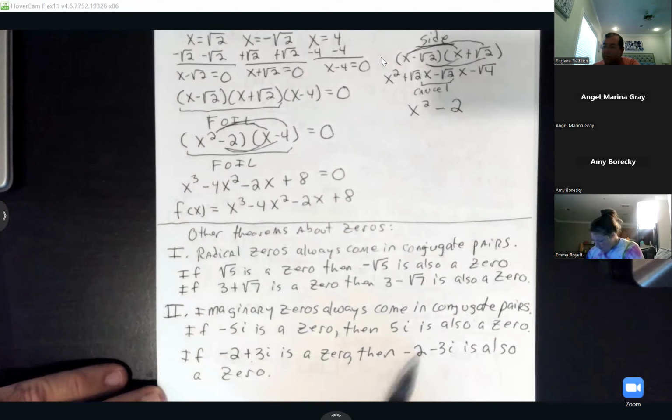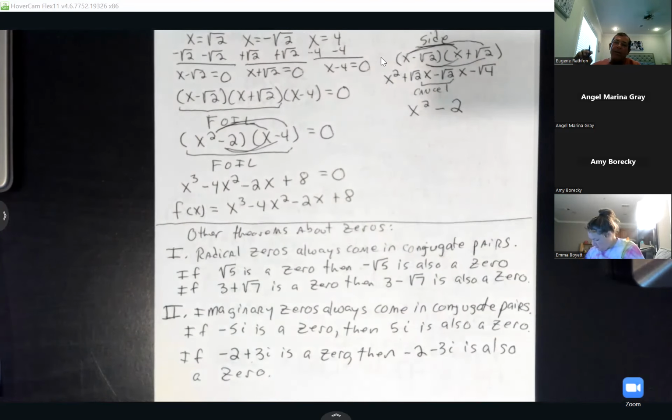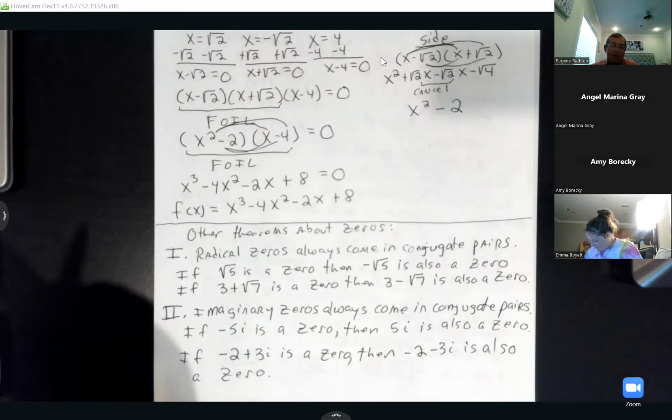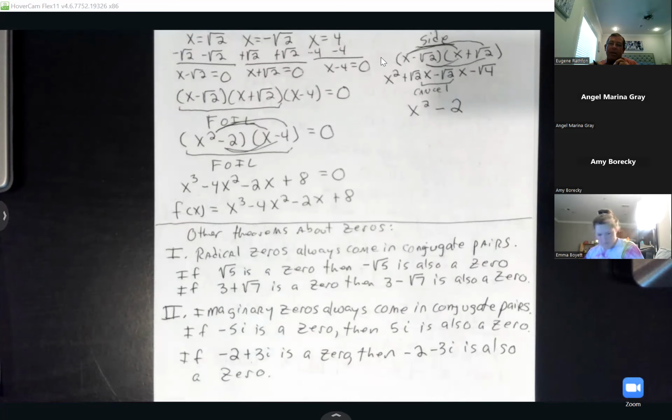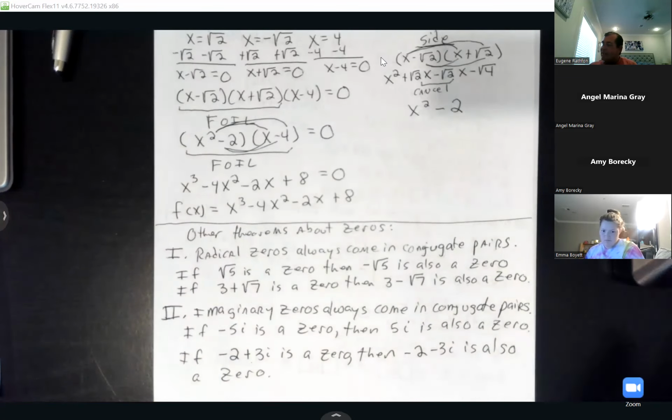If I give you one of these two forms, you automatically got to assume that the other one is a 0 also, okay? Because the radical stuff and the imaginary always come in conjugate pairs. All right, y'all, so let me show you some examples doing that in a second and let y'all catch up.